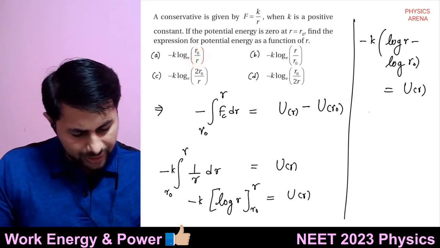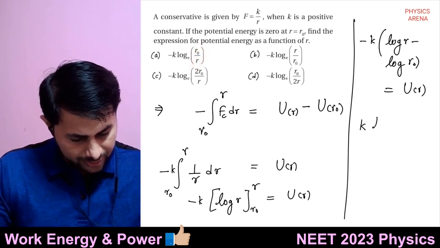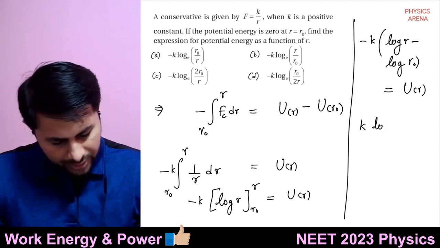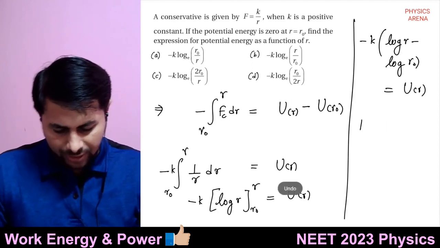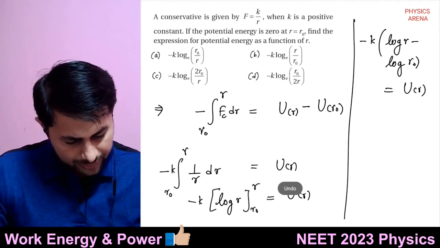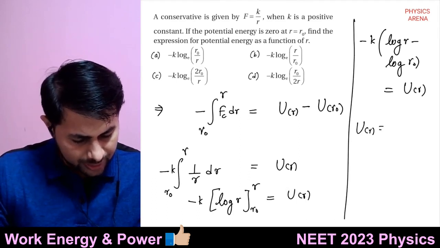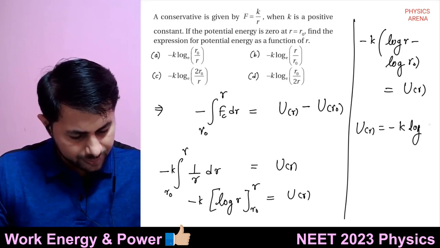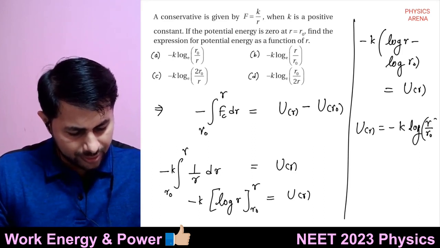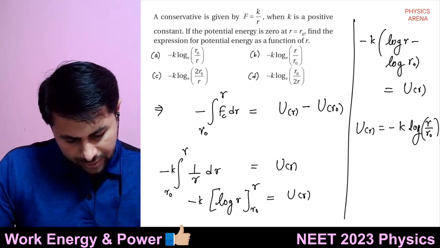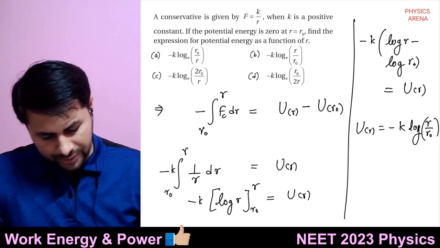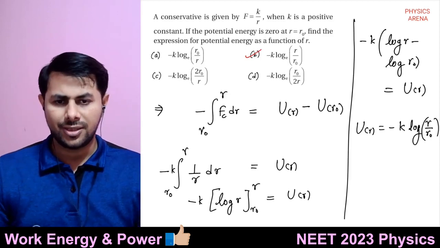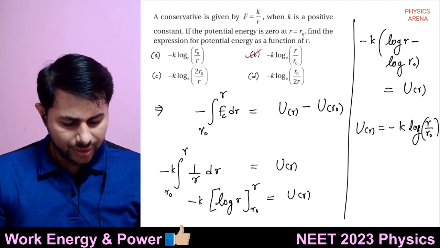They have given minus K times, so let's keep the negative sign outside. So U of R is equal to minus K times log of R upon R naught. This is the answer. So option B is the answer. This is clear? All right. Next question.